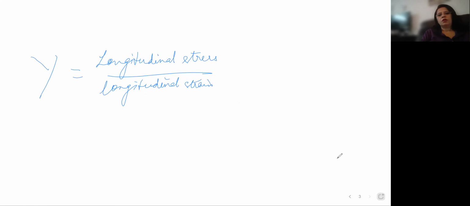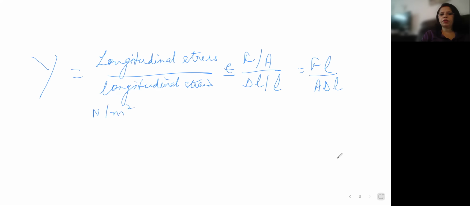So this is force per unit area, and this is equal to longitudinal strain, which is delta L upon L. So this comes out to be Y = F L / (A delta L). Again, its unit will be Newton per meter square, and dimension will be M L^-1 T^-2.